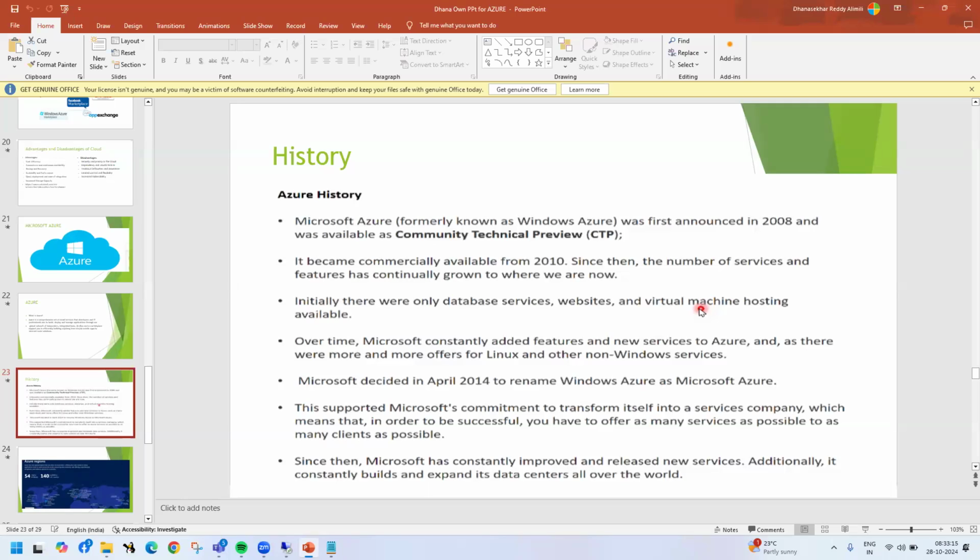Whatever their governance rules are, they are perfectly followed and certified by Microsoft, guys. Certified by all the countries. Okay, so 100% compliance, and it is officially approved by the US federal government, so it provides a lot of security, and your data is highly secure. They keep it in their data center. There is not even a 1% chance to misuse your data.